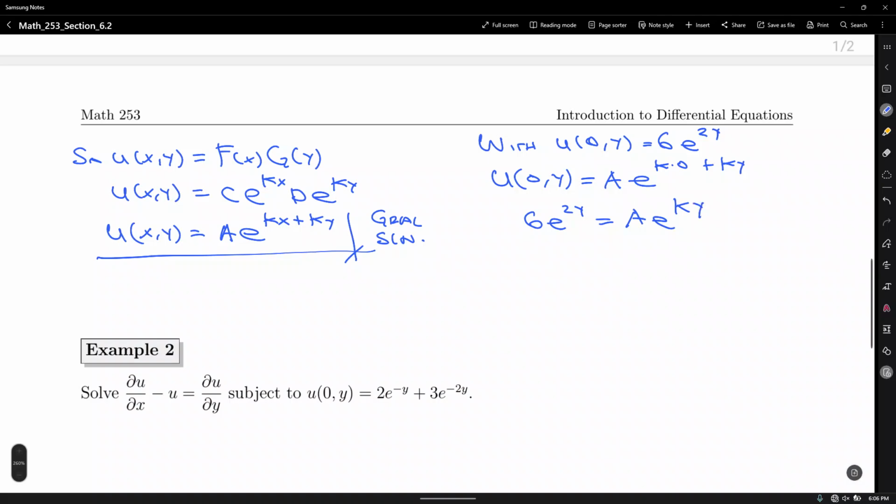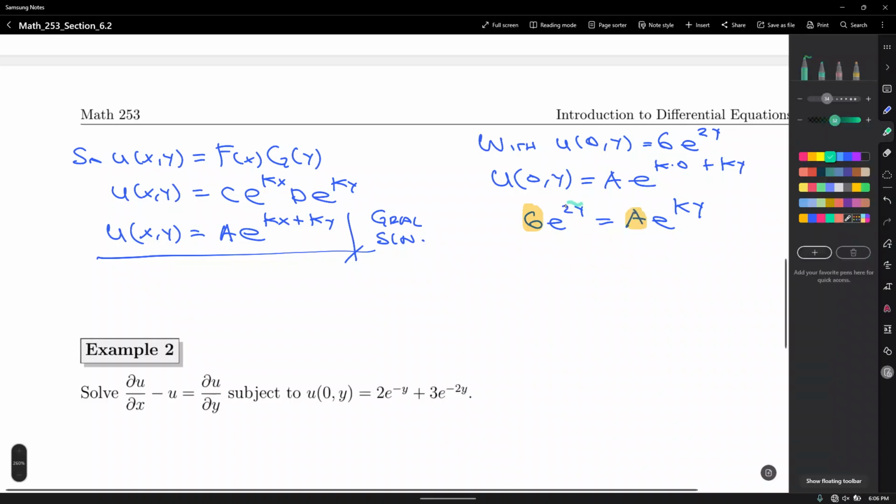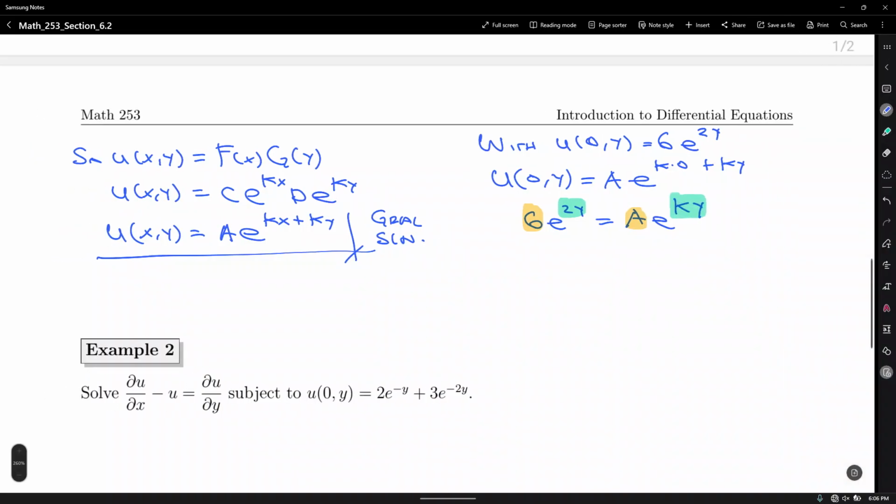All right, guys, guess what? Equate coefficients, equate exponents. Check. 6 equals a, and on the other hand, 2y equals ky. From the equating of coefficients, we get that a equals 6, and from the second equating, 2y equals ky, which tells us that k equals 2, isn't it?